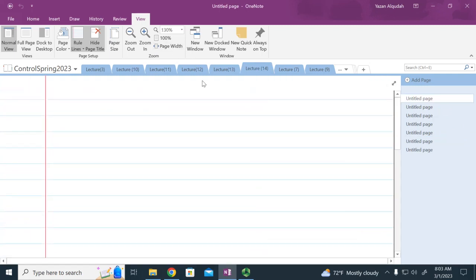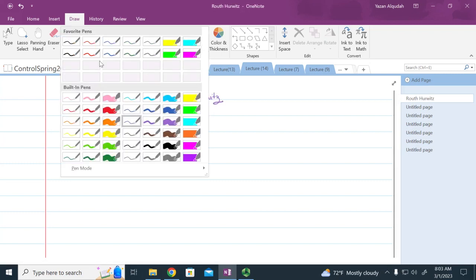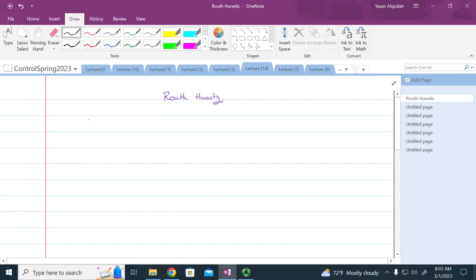So let's do another example, and then we'll see what we're going to do with this Routh Hurwitz table. So let's say we have a polynomial, P of S, that is equal to 1 s to the 6 plus 4 s to the 5 plus 3 s to the 4 plus 2 s cubed plus s squared plus 4 multiplied by s plus 4.